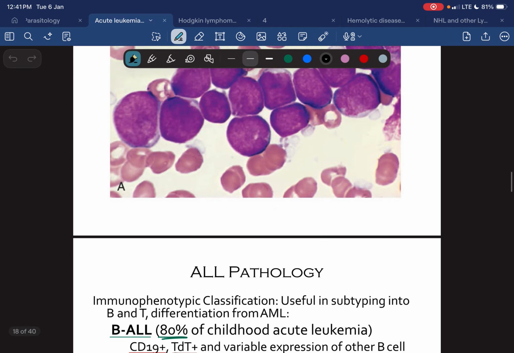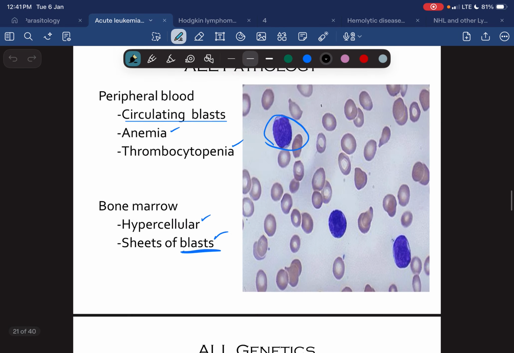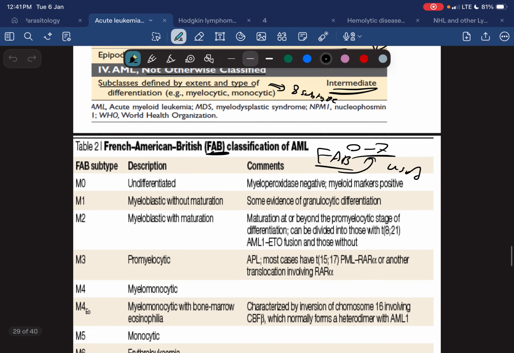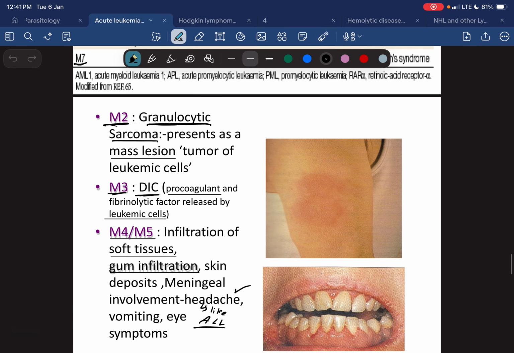Of course, the most common translocation seen in M3 is t(15;17).